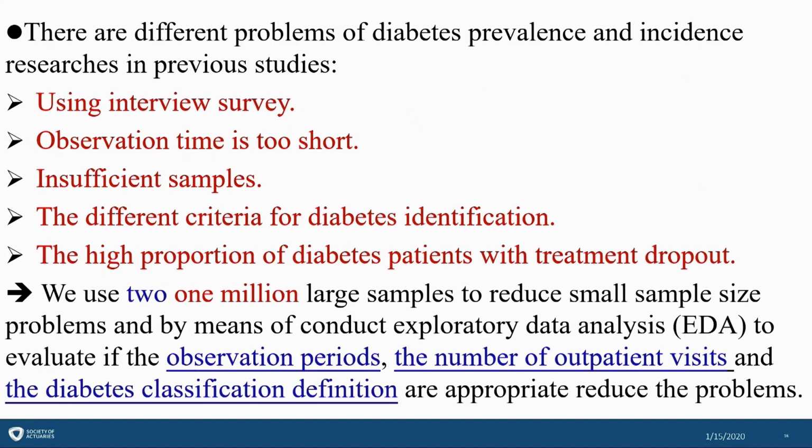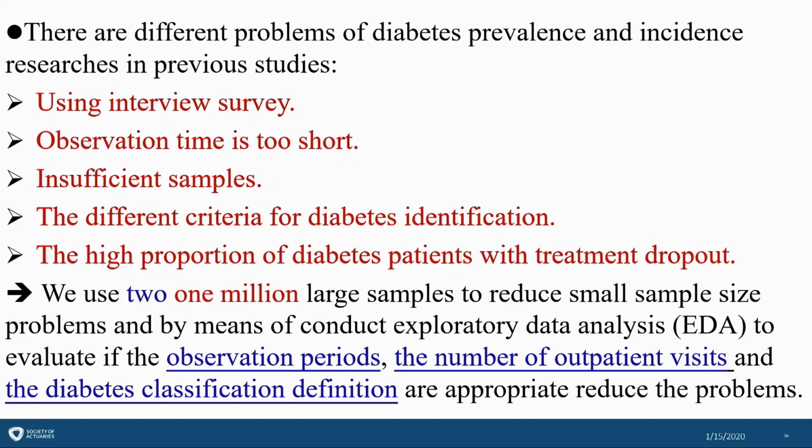There are different problems of diabetes prevention and incidence research in previous studies, including using interview surveys, observation time that is too short, insufficient samples, different criteria for diabetes identification, and a high proportion of diabetes patients with treatment dropout.